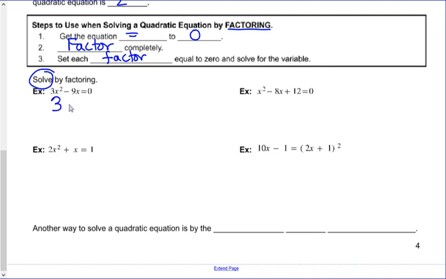So I'm going to take out a 3 and an x, and figure out what's left over. So 3x times what gives me 3x squared? Well, I have an x left over. Minus 3x times what gives me a 9x? Well, I took 3 away from the 9, so I need 3 left over as well. So this is actually completely factored.